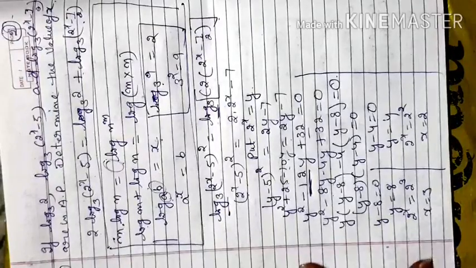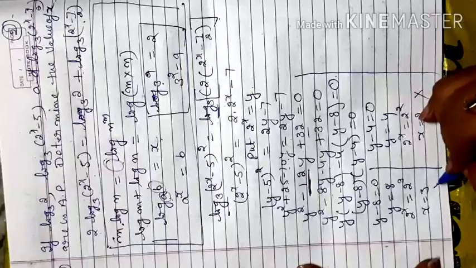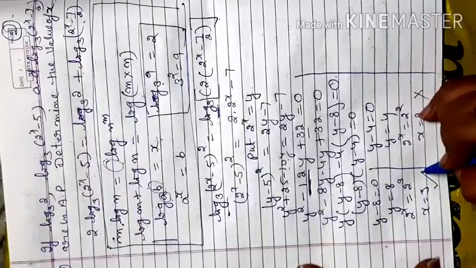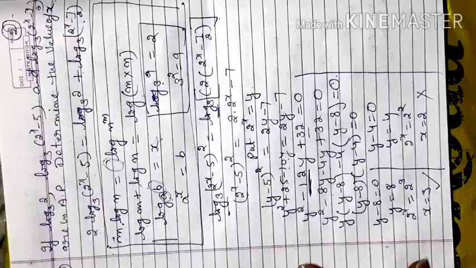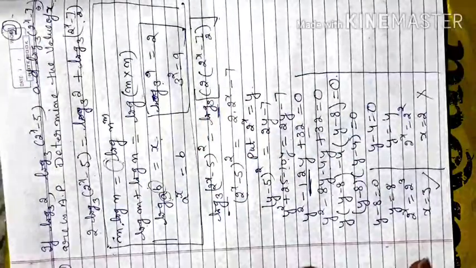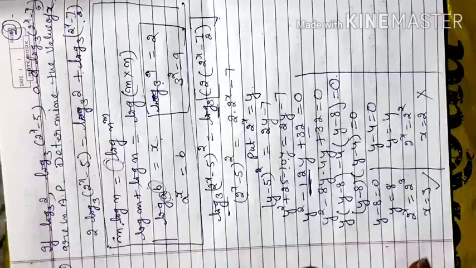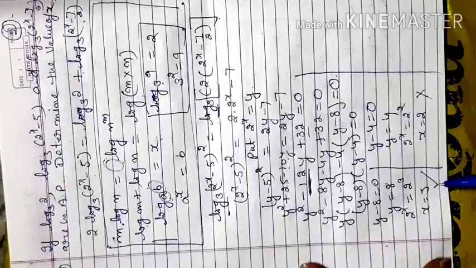That's why we do not consider x is equal to 2. Our required value is x is equal to 3, because when you substitute 2 raised to power 3, that is 8 minus 5, which is defined, but 2 raised to power 2, 4 minus 5 gives minus 1, which is not defined. So we do not consider this, and we take the value x is equal to 3.